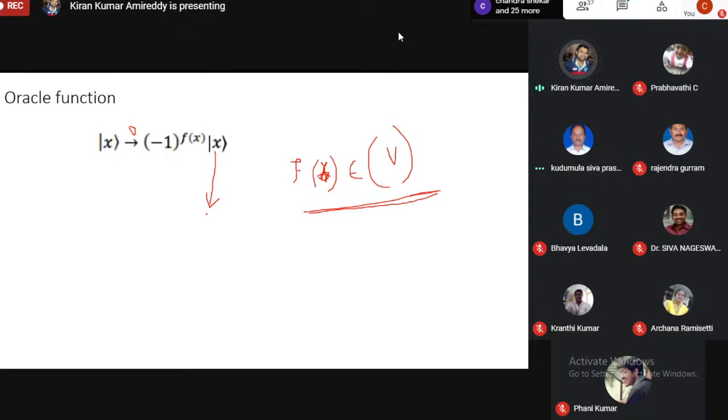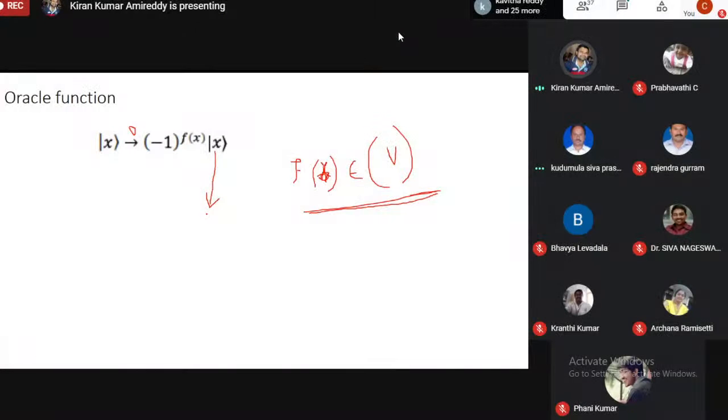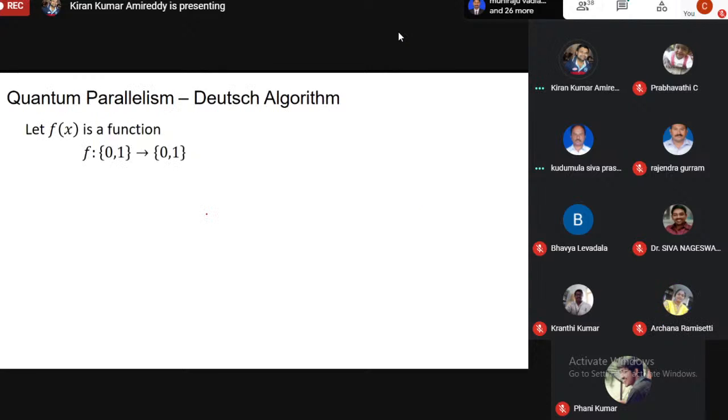It is just like a loop. We'll see in the next search algorithm how the oracle function operates. When we are searching for something in the entire domain, that time it will be very clear.